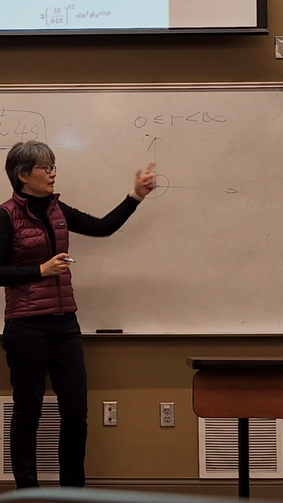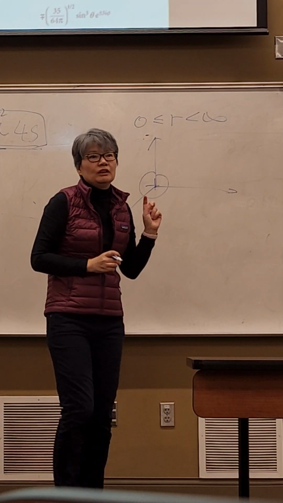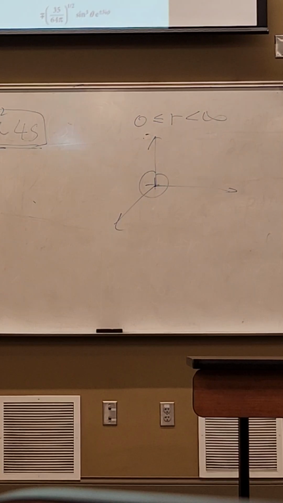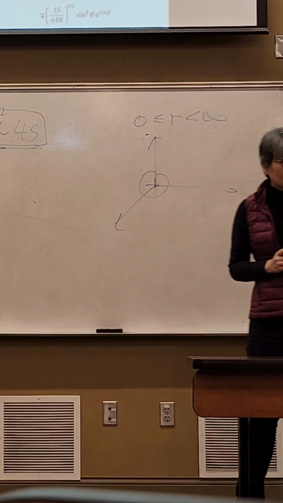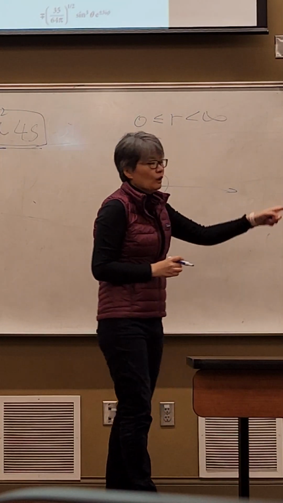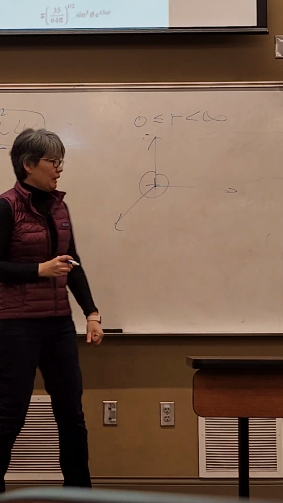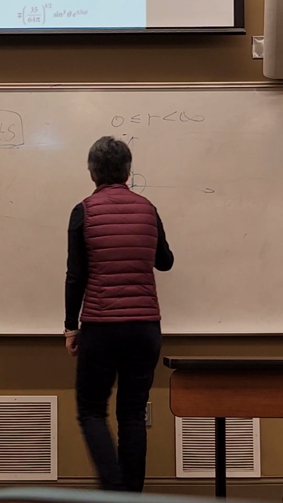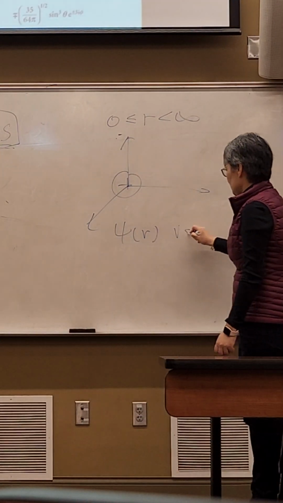Yes, and r is the distance of the electron with respect to the nucleus. Now, can you guys just mathematically sketch this according to the radius? So basically, can you sketch the wave function versus r?